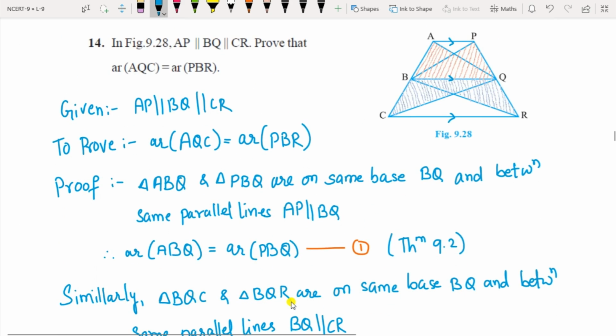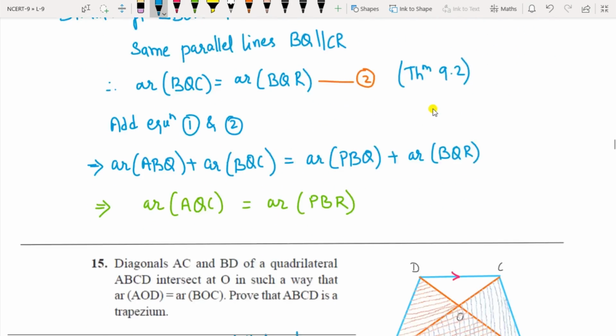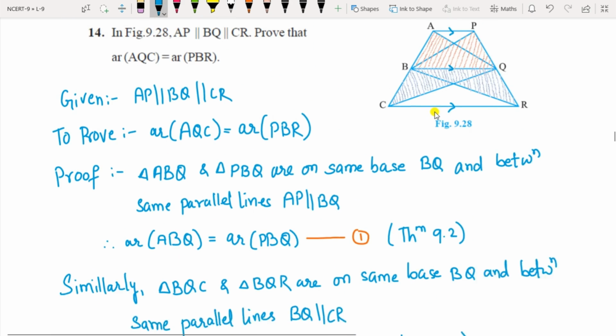Question 14 here is, AP is parallel to BQ and BQ is parallel to CR here. You have to prove that area of AQC is equal to area of PBR. Right. So first consider the upward triangles, that is ABQ and PQB. So you can see in this figure here.